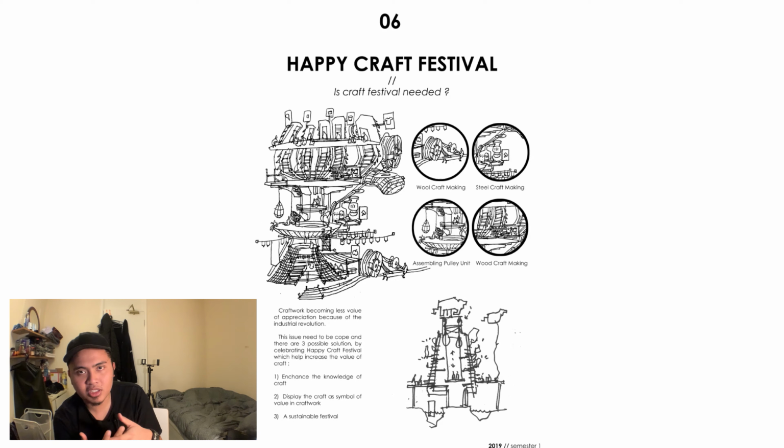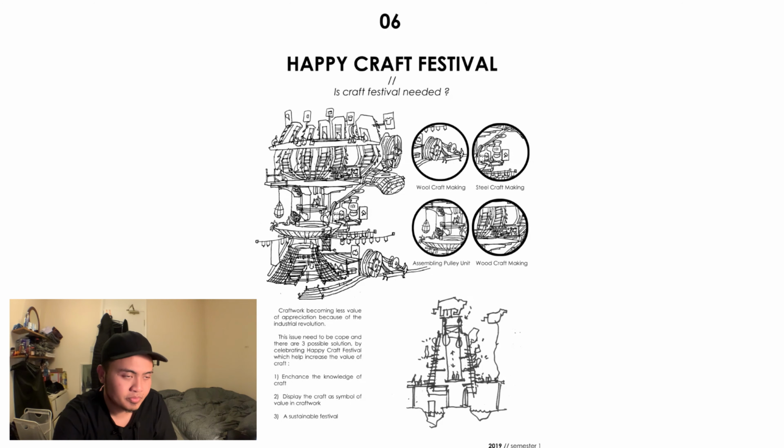People don't appreciate it much because of industrialization. So the idea is to enhance the knowledge of craft and display craft as a symbol of value, to increase the value of craftwork and have a sustainable festival.